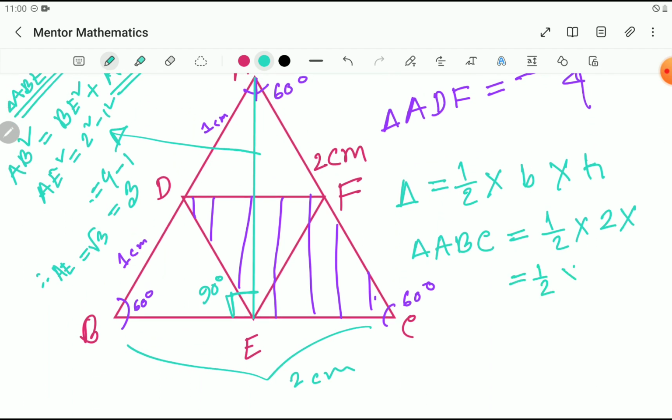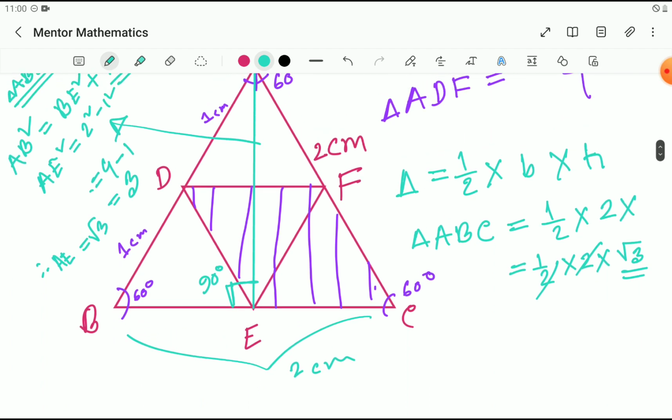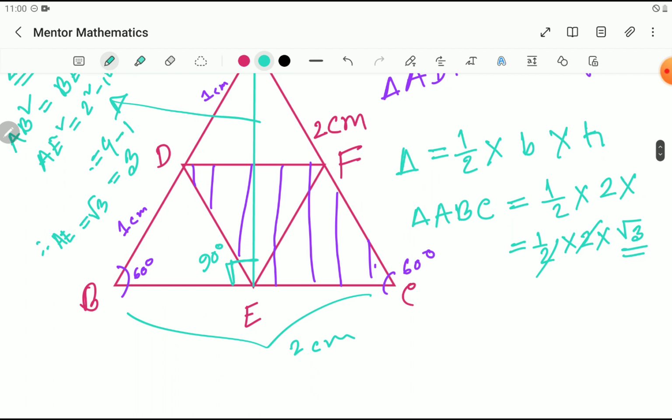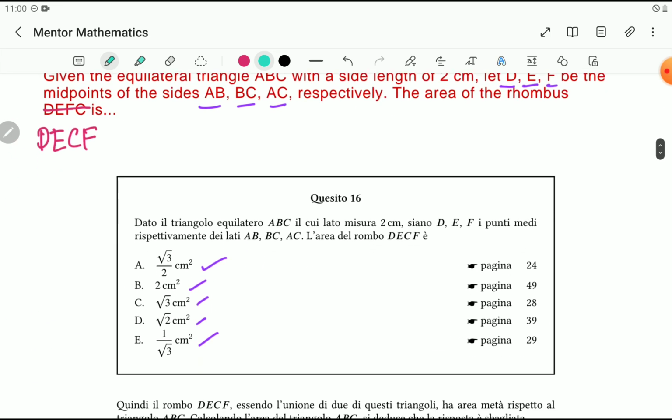So half into 2 into root over 3, so root over 3 centimeter square is the whole area of the ABC triangle, but we need the area of the rhombus DECF. So we can simply divide by 2, because this rhombus is actually half of the triangle. If we divide ABC by 2, we'll get the value root 3 by 2. This is our answer. So our correct answer is option A.